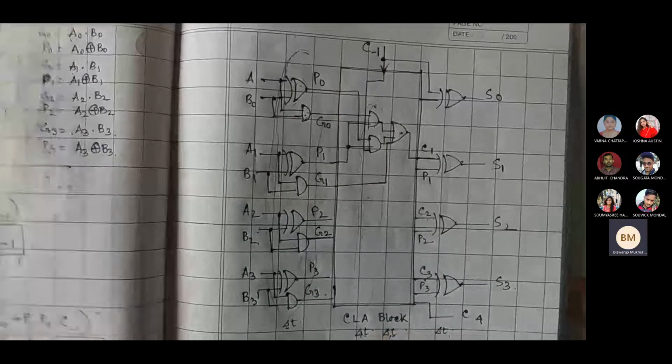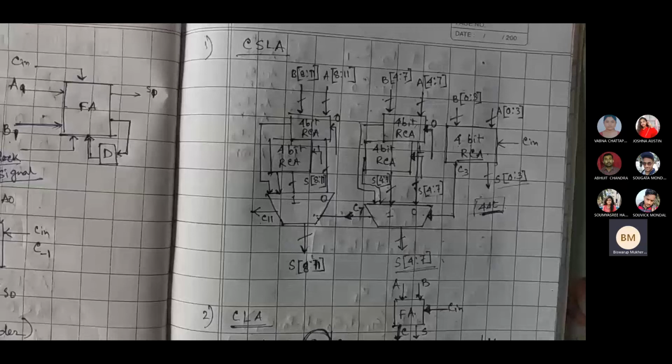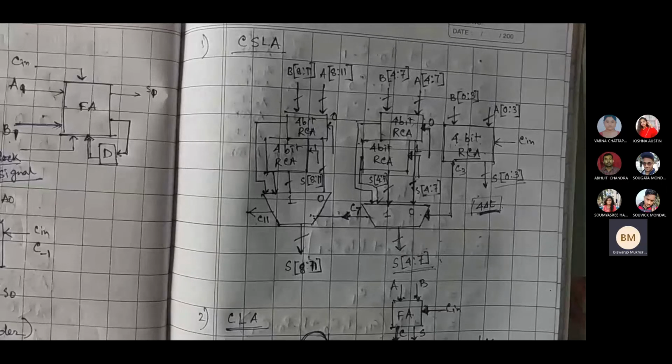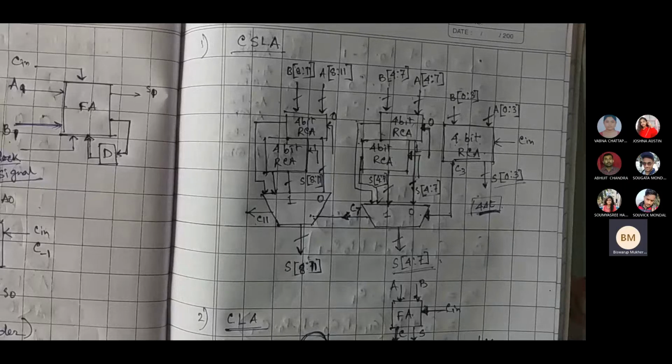So that is why such kind of CLA block, or even this carry select adder circuit, these are not useful for simple 4-bit addition. Simple 4-bit addition এর জন্য এগুলো useful হয় না। But these are useful for higher bit operations. যখন আমার at least 16 bit or 32 bit or 64 বিটের অপারেশন যখন হচ্ছে, তখন এটা ডিলেটাকে কমাতে পারছে। It can reduce the delay, and that's why it's called a fast adder.